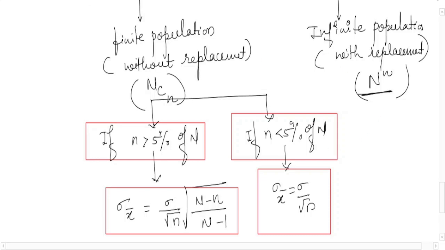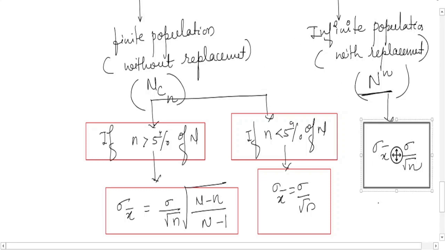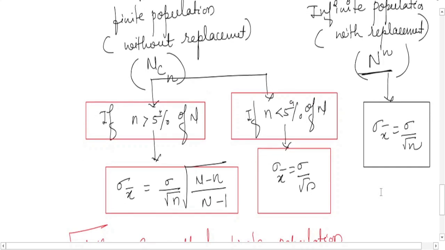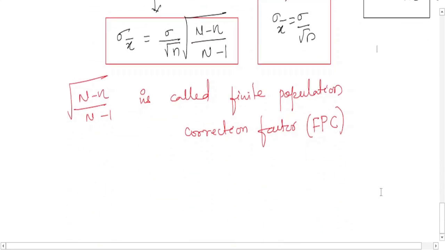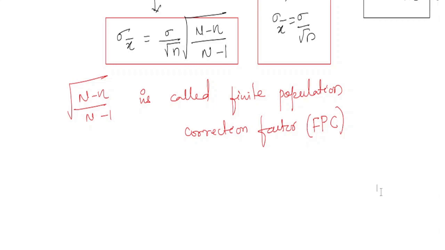If the population is infinite, then the formula for standard error is sigma x bar equal to sigma upon root n. So this we have to remember. The finite population correction factor is to be multiplied in case of finite population when it satisfies the condition n greater than 5% of N. So this we require to understand the sampling distribution of sample mean with replacement and without replacement.